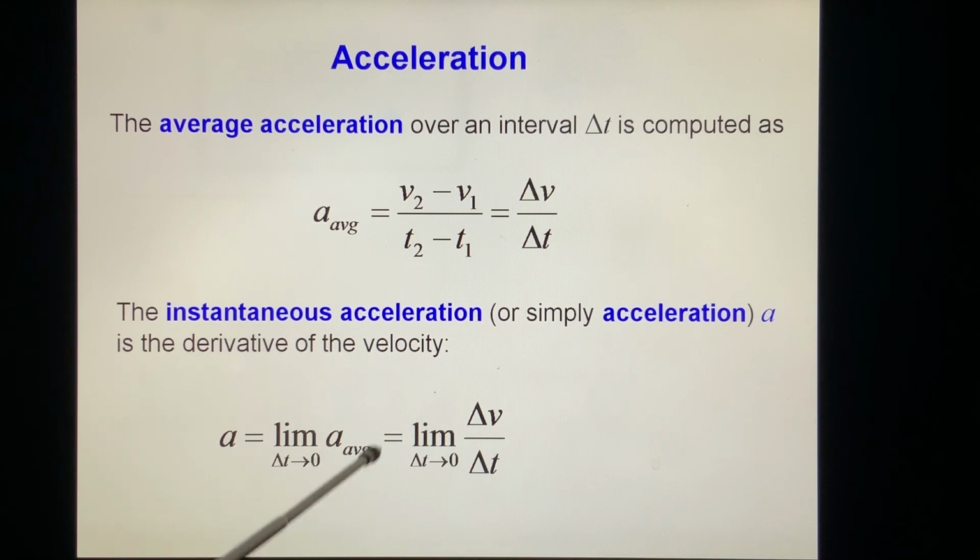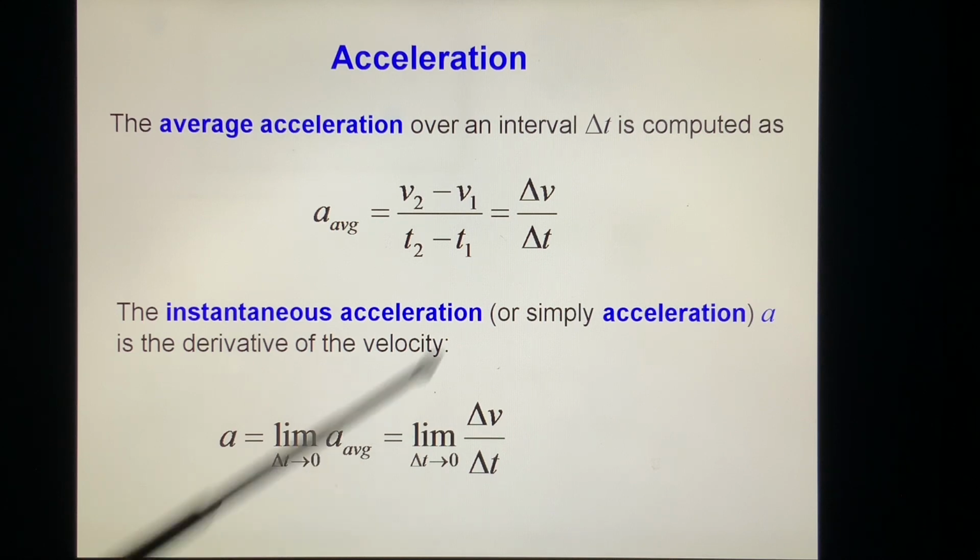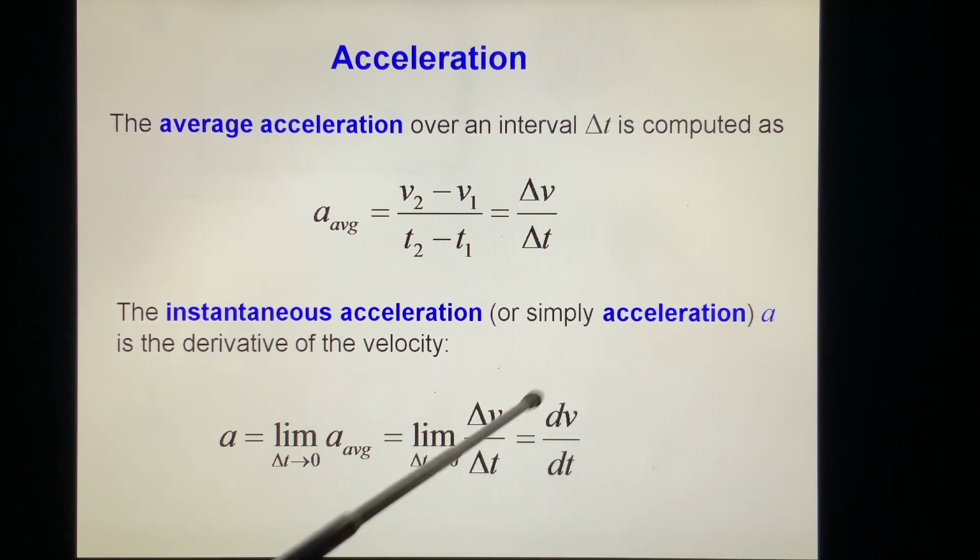We know this is familiar, it looks like a derivative. The average a is delta v over delta t, so in the language of calculus, this is dv/dt. So acceleration is dv/dt, the derivative of velocity with respect to time t.